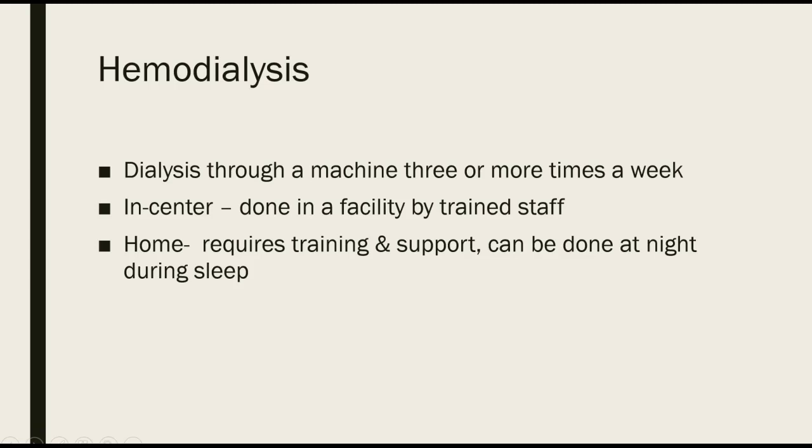Hemodialysis can happen in a center or an outpatient type of facility that has trained staff, trained nurses and techs to do the dialysis. It can also be done in the home environment, which does require some support, some training, but it's nice too. It can be done at night during sleep for those people who might be interested in that.